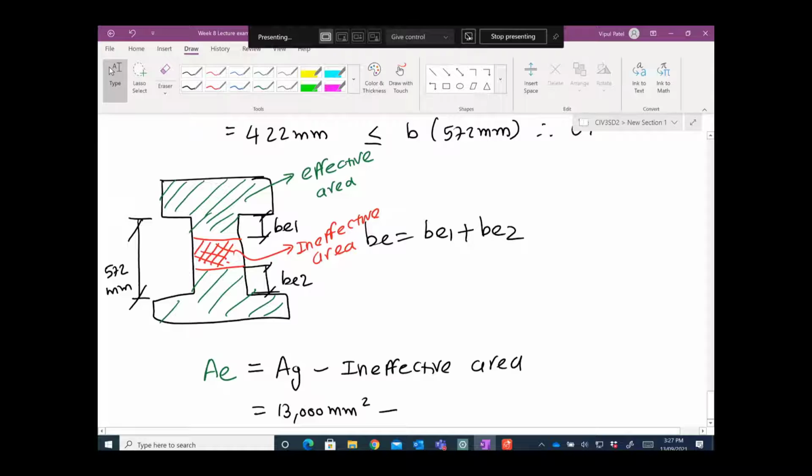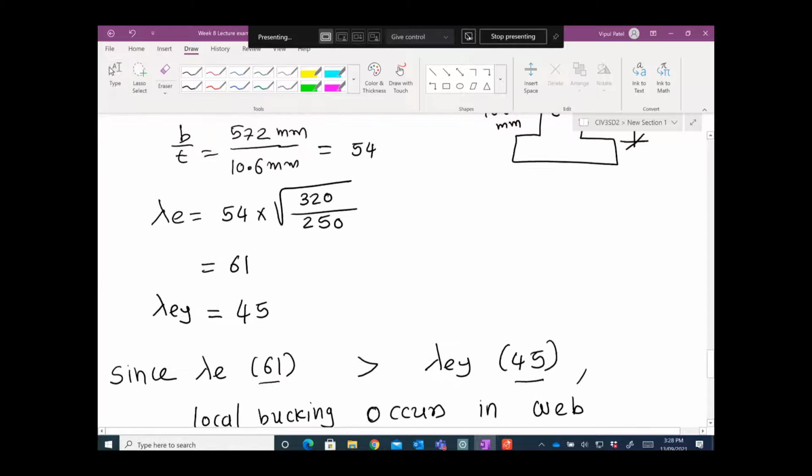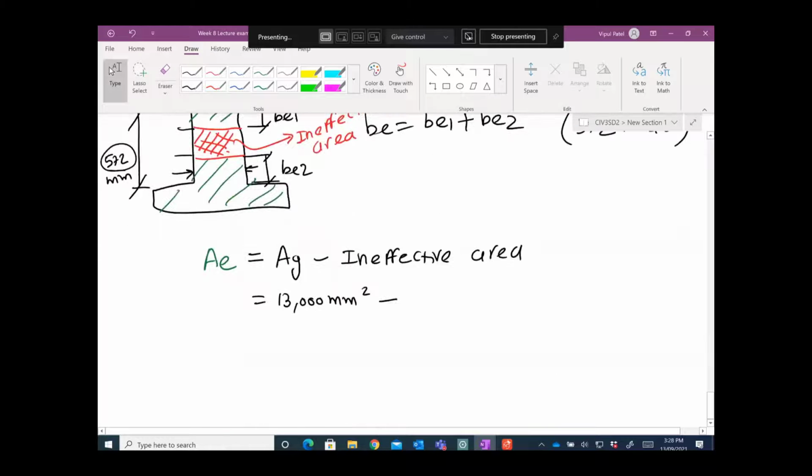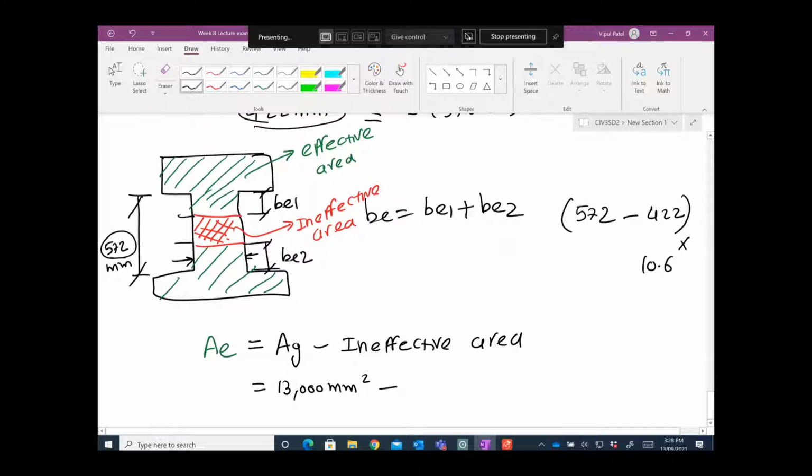The ineffective area would be this D1, which is 572, take away this 422, times this thickness, which was 10.6.